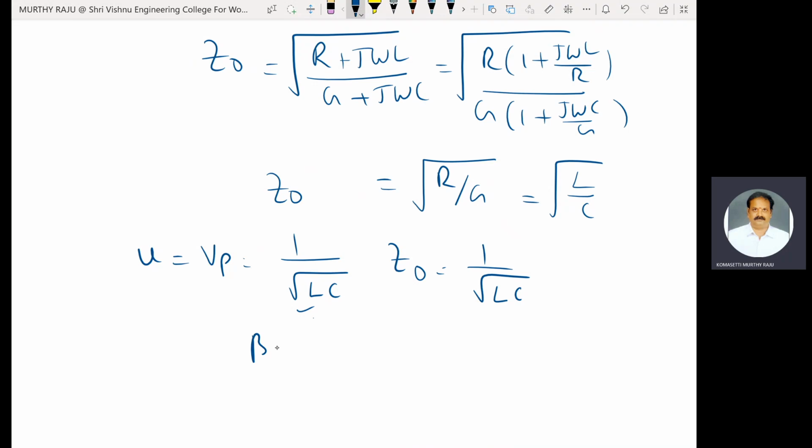Beta depends linearly on the frequency term omega. The phase velocity and Z0 remain the same for a distortionless transmission line. With this, the analysis is complete.